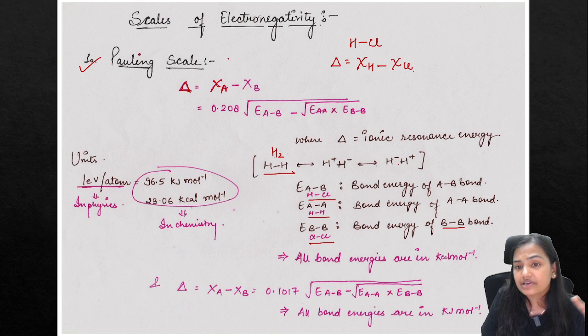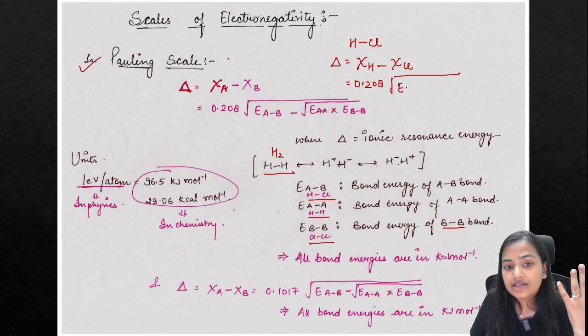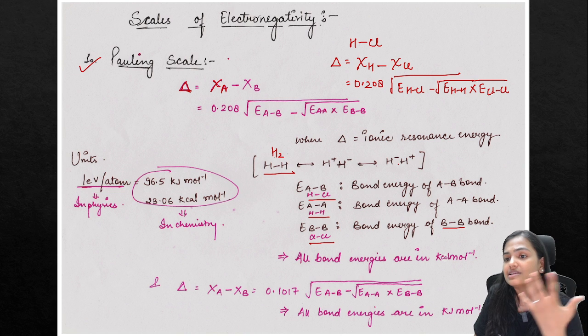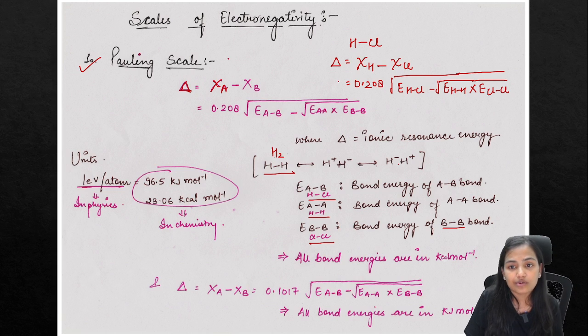The difference in electronegativity of hydrogen and chlorine is equal to 0.208 under root the bond energy required for HCl minus under root the bond energy required for the H2 molecule multiplied by the bond energy required by the Cl2 bond. Okay, so these are the bond energies required by these bonds. If we do all the calculation, then we will be able to find out the difference in electronegativity values.